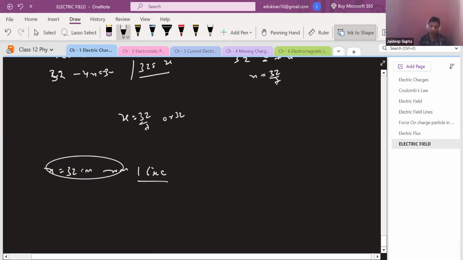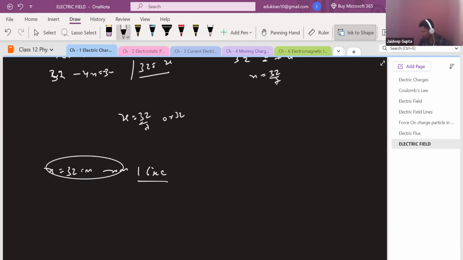Okay. Now what do you mean by electric field? It is the imaginary space around a charge. What is the formula? E vector equals F vector upon q naught. What is the electric field due to a point charge?